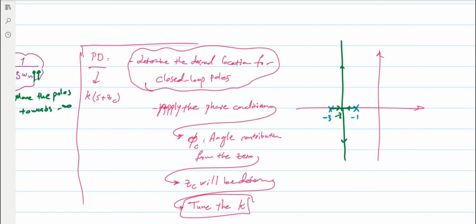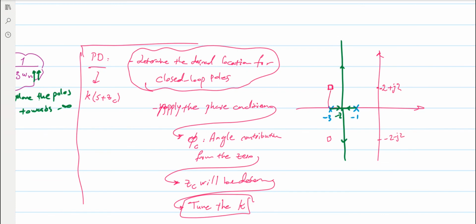And now let's assume that in order to satisfy the transient requirements, we need to place the poles at, let's say, -2 plus j2 and -2 minus j2.